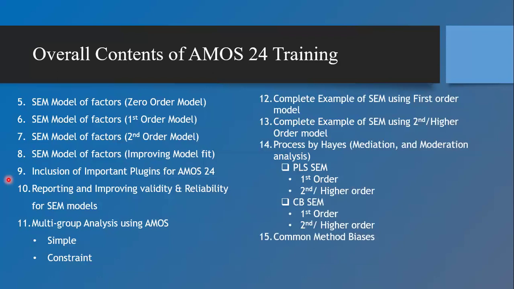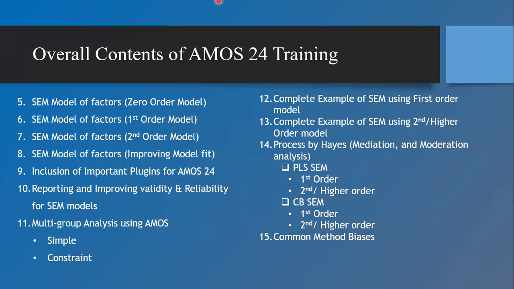Then we may have common method biases, and how to address them using AMOS 24. And if common method biases is found, then what to do and how to make the remedial measures using these procedures. So these are the contents that we are going to review using AMOS 24.